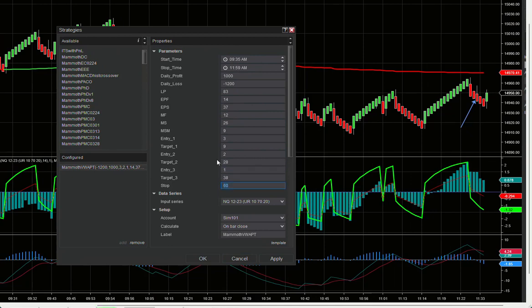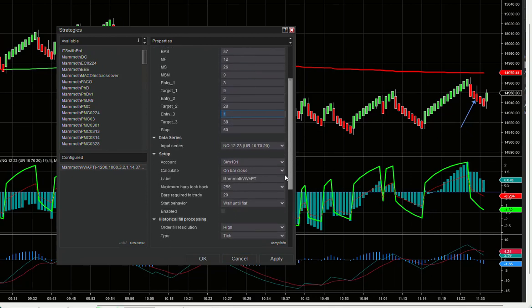You lost 60 ticks, but you have 27 plus 56. That's around 80 some ticks. So you still have 20 ticks in profit, even though the third entry was stopped out. So that's how it works with these multiple entries.